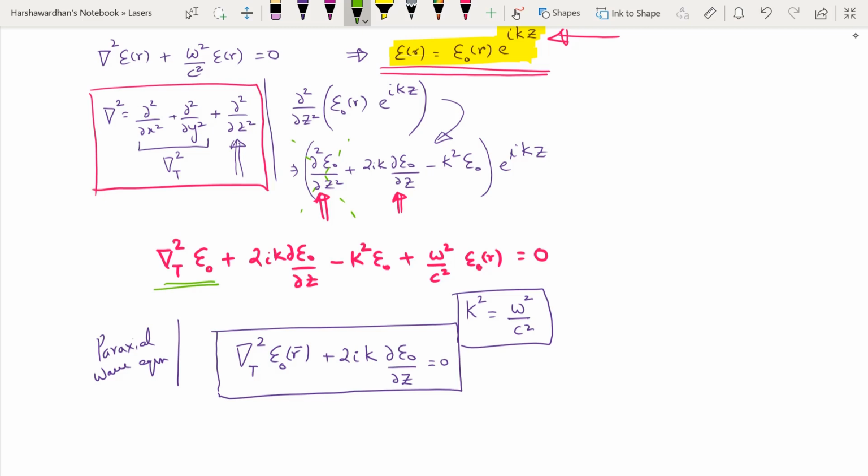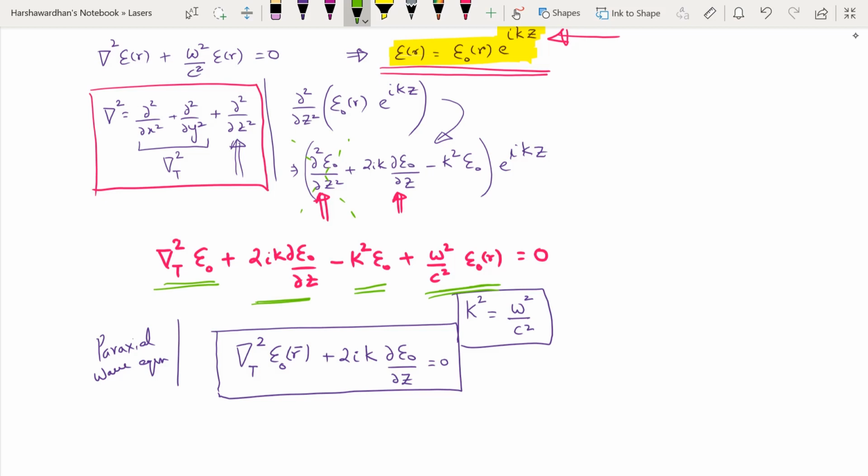You have the second derivative with respect to the transverse variables. Then you have the next term, which is the first derivative with respect to z. And then you have the constant term, the field itself without any derivatives, and the omega square over c square term, which is coming from the Helmholtz equation. This is equal to 0, and clearly we know that there is a space-time dependence of the wave.